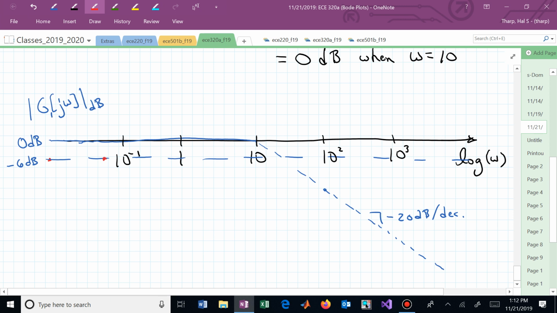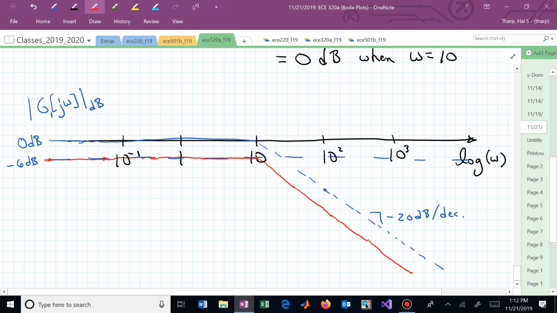So I'm at minus 6 until I get to 10. And then I'm sloping parallel to that pole factor by itself, and I'm underneath that by 6 dB. But the slope is still the same. That's minus 20 dB per decade. You've now sketched the magnitude of your Bode plot.